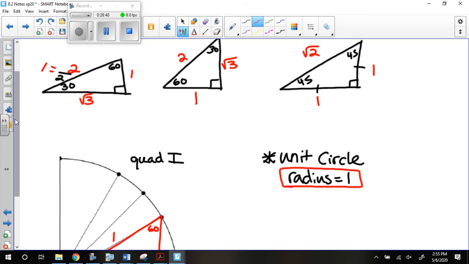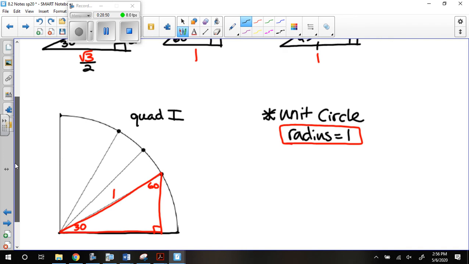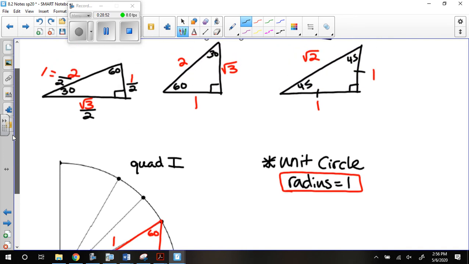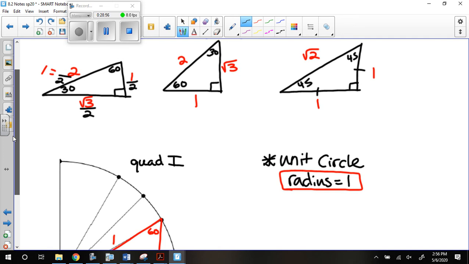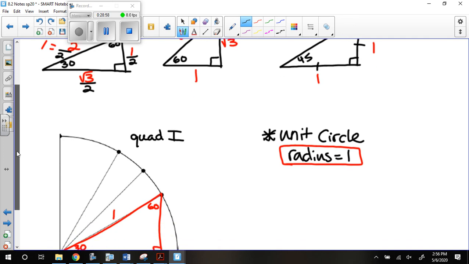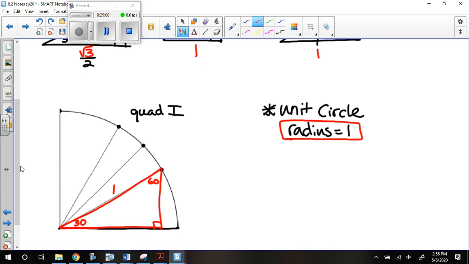Well, if I do that to one of these sides, I have to do it to both of the other sides as well. Divide by 2 and divide by 2. Okay, so on this red triangle I drew down here, my hypotenuse is 1, like I showed up here. The right side is now going to be a 1/2, and the bottom is going to be a square root of 3 over 2. Okay, so 1/2, square root of 3 over 2.